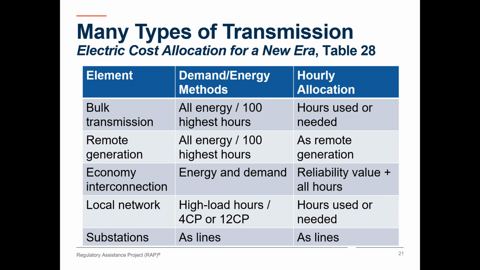The associated costs can be allocated to specific hours in a modern allocation method shown on the right, rather than the methods shown in the middle, which are relatively progressive, but somewhat old-fashioned methods that might have been used a decade or more ago.